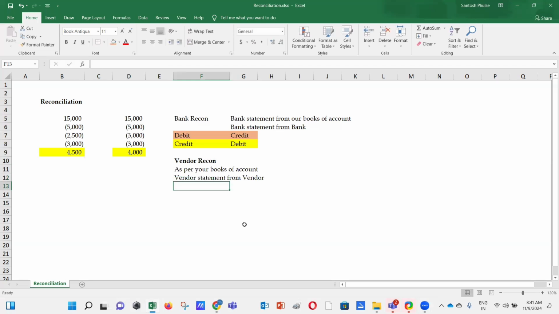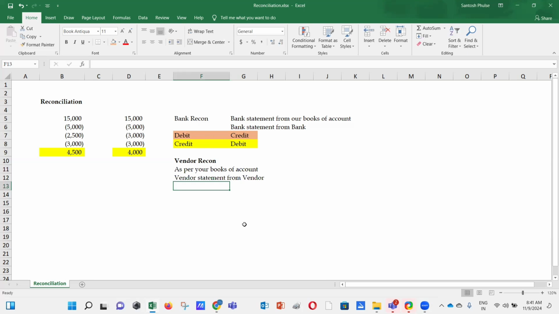So you have those two statements here as well. One is the vendor statement as per our books of account, and the other is the statement we ask from the vendor. Then we have to do the reconciliation here as well.